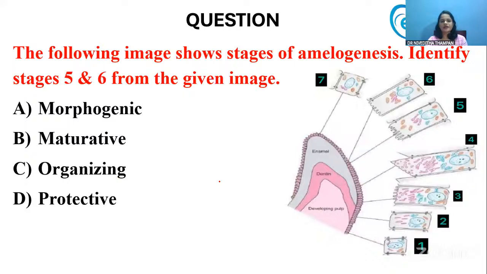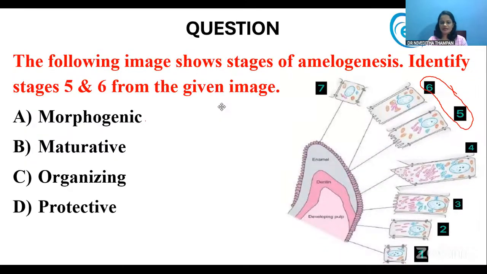Now, the following image shows stages of amelogenesis. Identify stages 5 and 6 from the given image. Is it morphogenic, maturative, organizing, or protective? Again, this is a NEET MDS 2025 question.